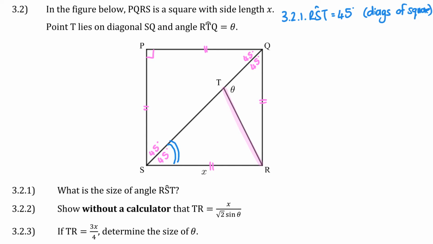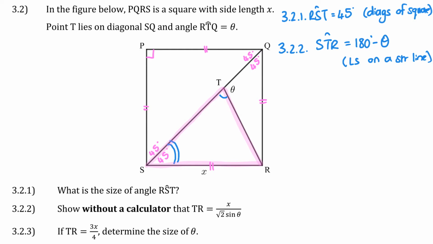The triangle at the moment that has the most information is TSR, and I've got a side and an angle, and I could work out the other angle of angle T by using angles on a straight line. So let's say 3.2.2, this angle here, STR will be 180 degrees minus theta, and my reason is angles on a straight line.